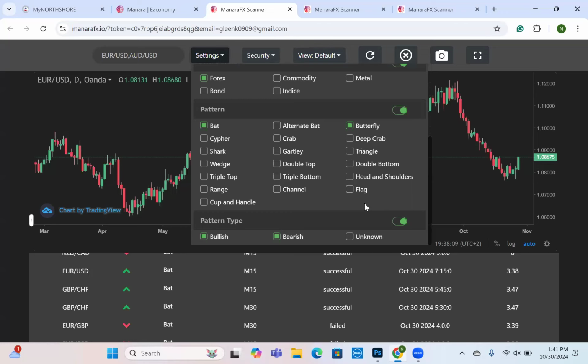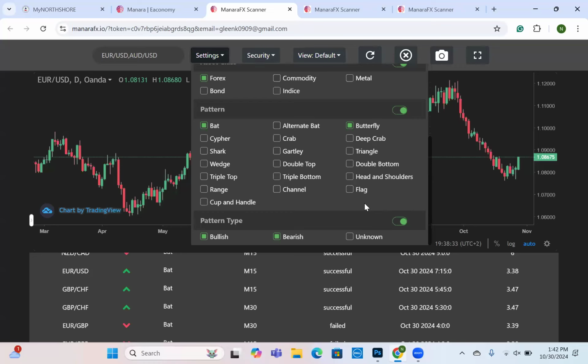You can say our major setting is just two, bat and butterfly. If you're very interested in knowing more, you can also turn on maybe crab or double bottom and be trading that on your demo and compare, right? So that's how it is.